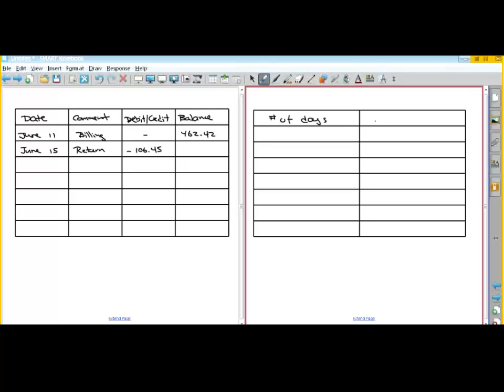If you go to your book on page 703, you'll see it. Then you take the balance times the number of days. This product is the numerator, and you add them all up and divide by the number of days, and you get your average daily balance. That's what you use for calculating the interest at the end of the month. So we're going to do all this. We're going to get our running balance first.